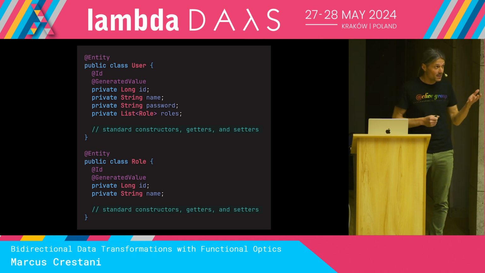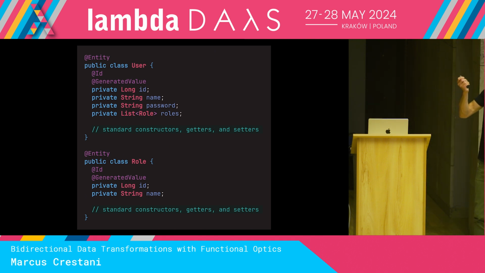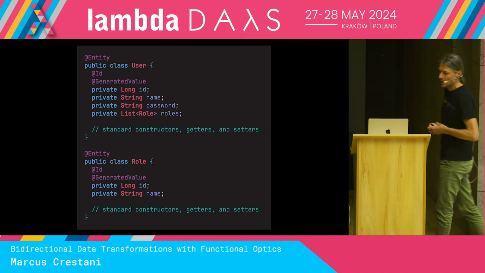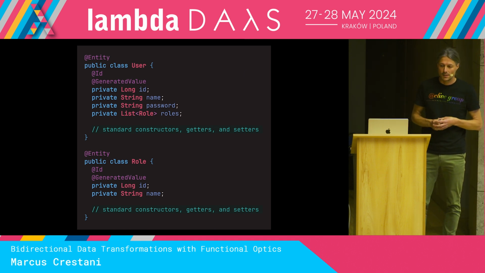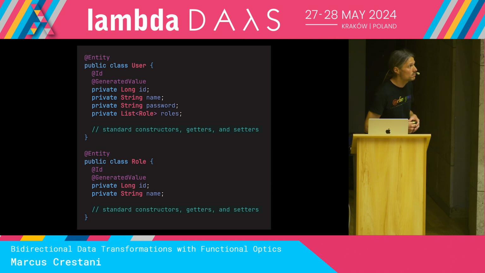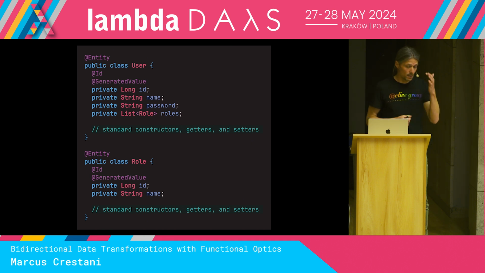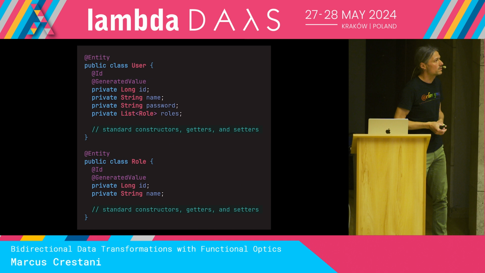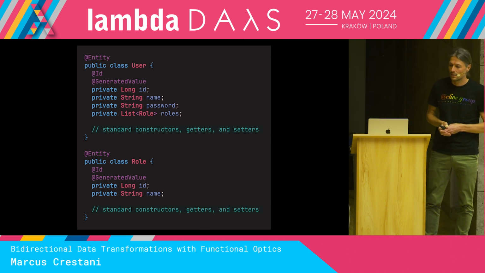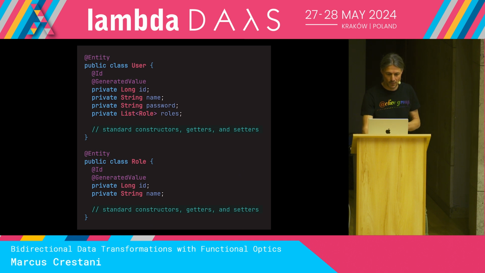The ID field in each class definition is marked as @Id and @GeneratedValue. Hibernate will use this information to have the database create an ID column and a primary key together with some strategy to generate values for the primary key. I've omitted a lot of code here. There's just not enough space on the slide, which is typical for Java code.